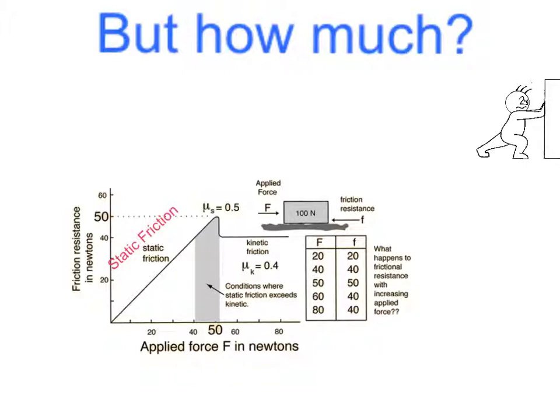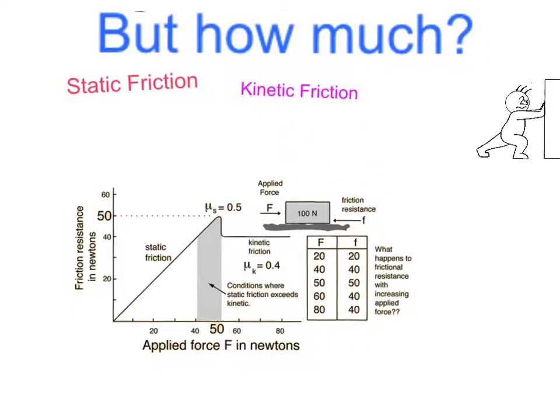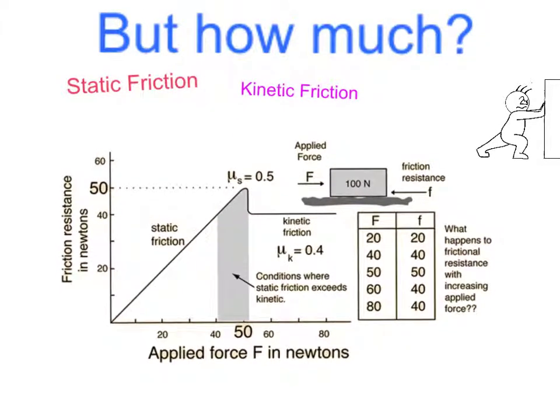It's interesting to see from this graph here that my static friction matches my applied force all the way up to that threshold point. And then my kinetic friction, or that sliding friction, is less than that static friction. So I can exert 40 newtons of force, I get 40 newtons of friction.